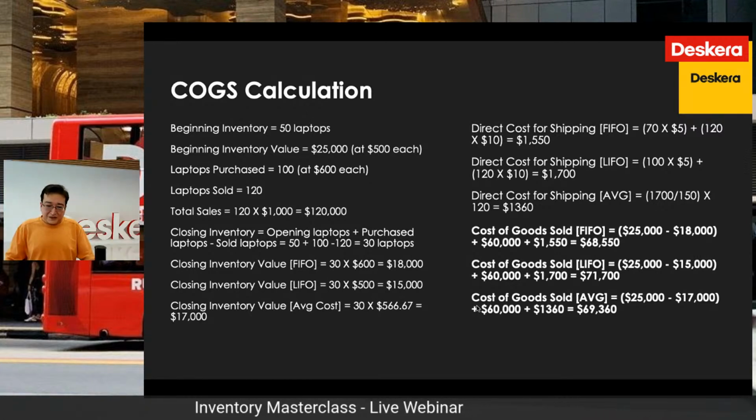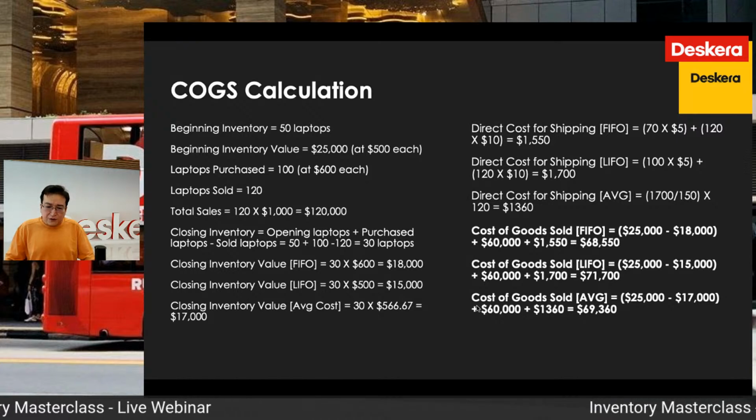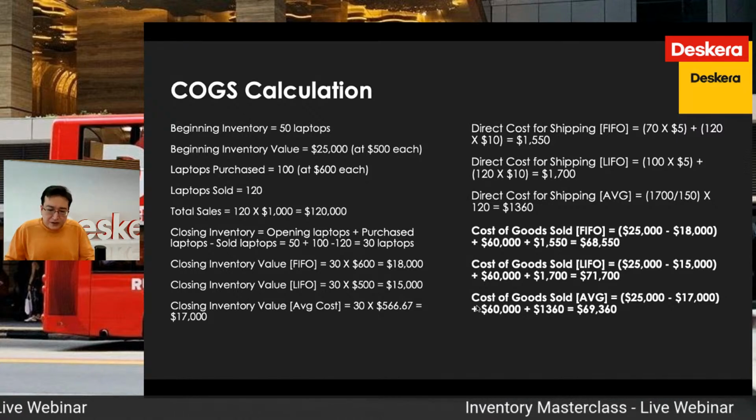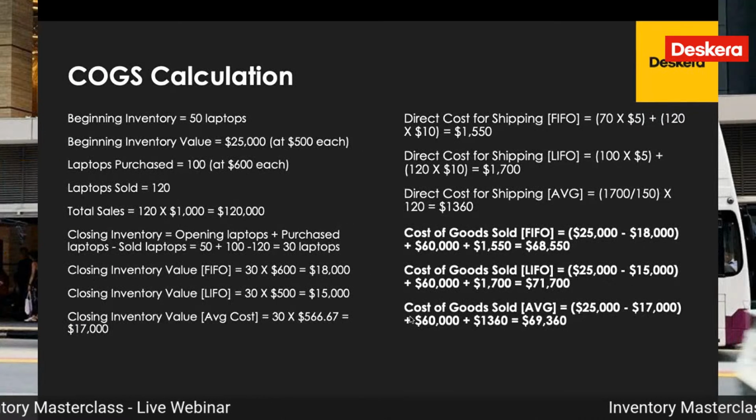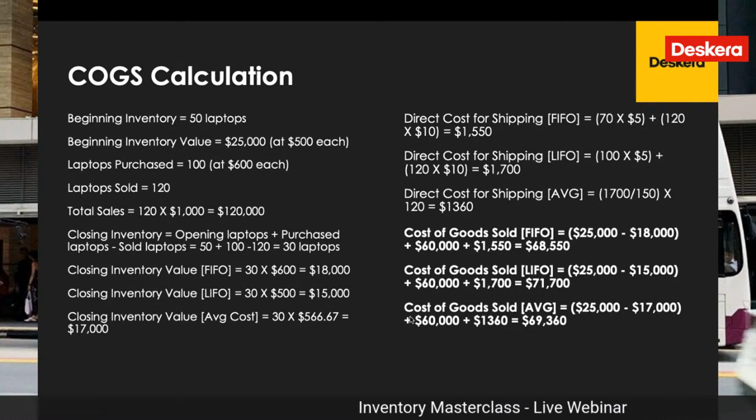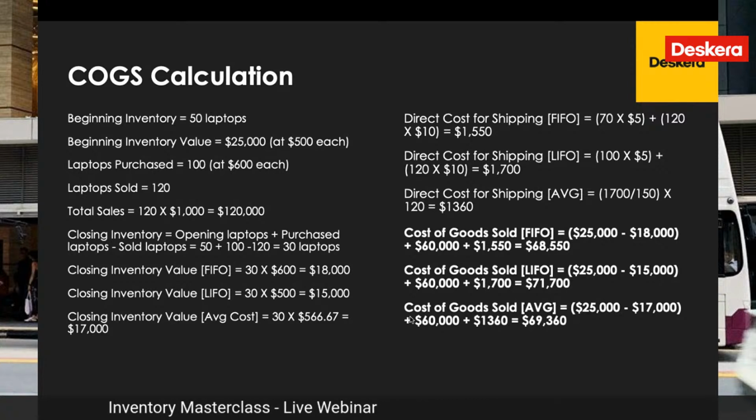It's because the laptops that were purchased this year were 100 laptops, right? Correct. So first in, first out, the 100 would be consumed first, then times the 5 for the shipping cost. The other 20 is already consumed because of the beginning laptops. So those 20, you don't have to pay the shipping.